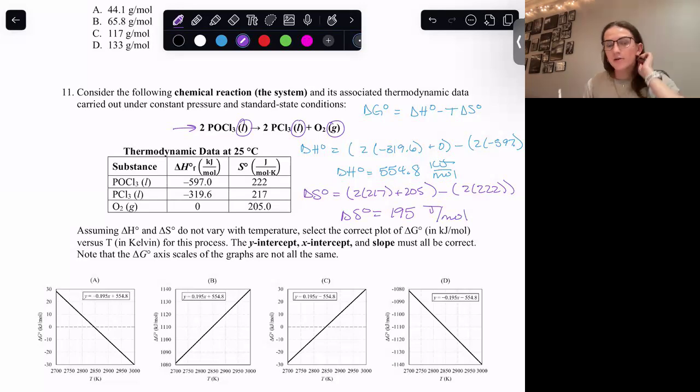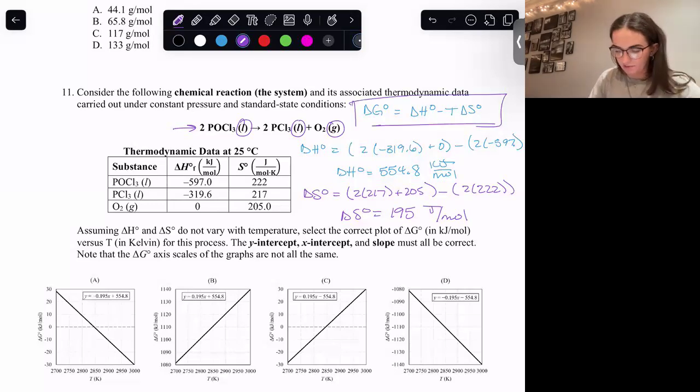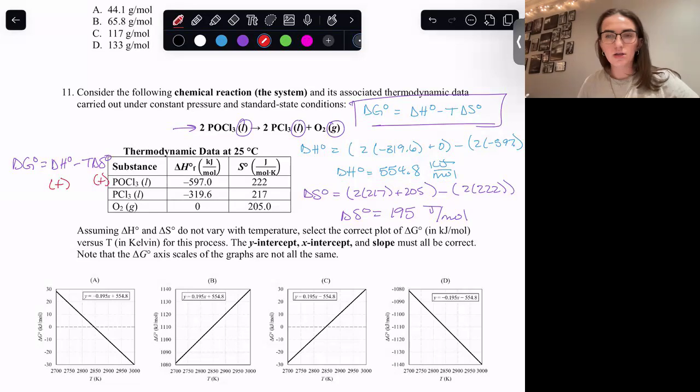Okay. So now that we've found delta H and delta S, before we even look at the graphs, what can we say about when this reaction will be spontaneous? If we go back to our delta G equation, delta G naught is equal to delta H minus T delta S. We are plugging in a positive value for delta H and a positive value for delta S. So when will this reaction be spontaneous?